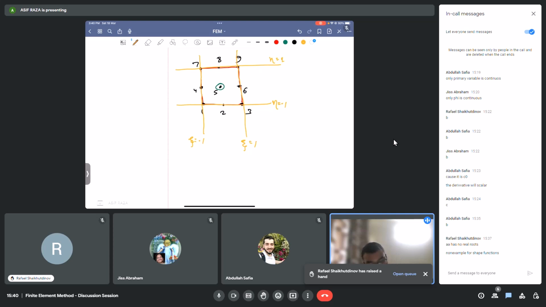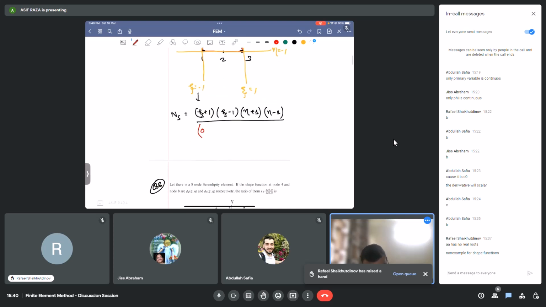So now the value of N5 can be written like so. This line is xi plus 1, this one xi minus 1, again eta plus 1 and eta minus 1, divided by the same expression evaluated at node 5. The values of xi, eta for node 5 are 0 comma 0. So 0 plus 1, 0 minus 1, 0 plus 1 and 0 minus 1. This will give me what?